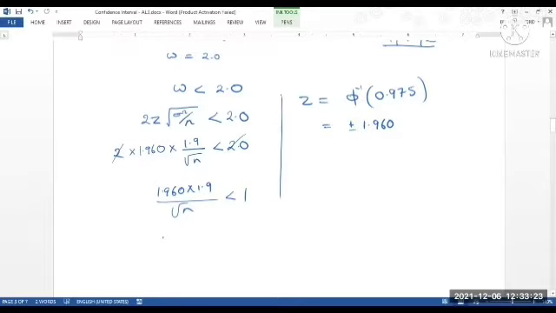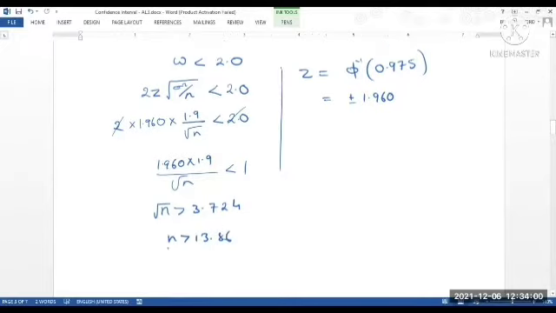So once you cross multiply, you get n is greater than 1.96 times 1.9, which is 3.724. So n is greater than square of it, which is 13.86.